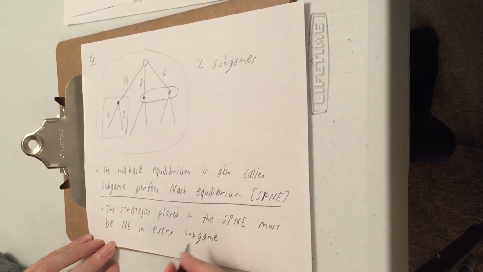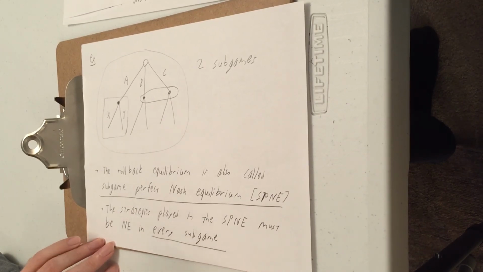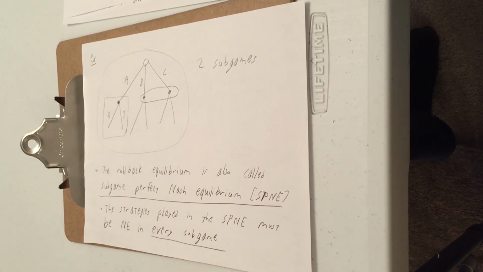So Nash equilibrium just has to be a Nash equilibrium in the whole game. This is an extra requirement saying it has to be a Nash equilibrium in the whole game and also in all the subgames. So it is adding an extra restriction to what our solution can look like. So that's, in theory, the difference between Nash and rollback.